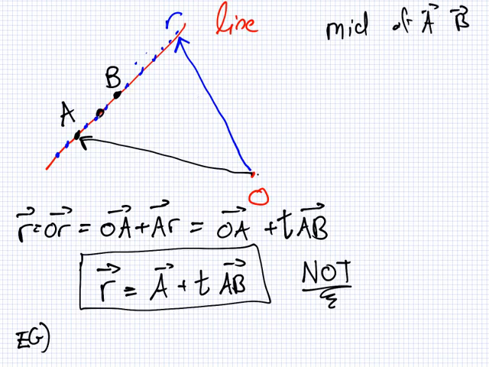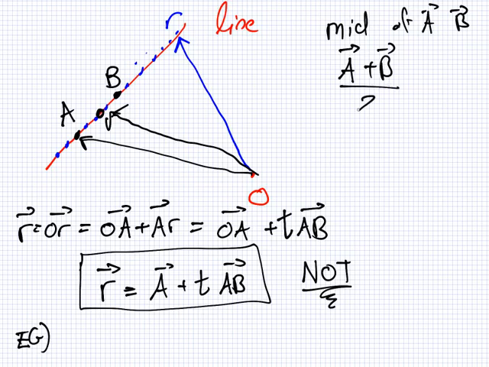So how could you find this midpoint here? Any ideas? It will be vector A plus vector B divided by 2. Or if you want, it's a half of A plus a half of B. Now, if you didn't know that, you should write that down.